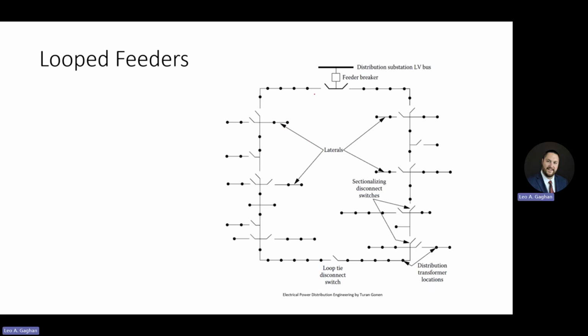So you can see here, it's got two paths. We got the normally open here, the loop disconnect switch. I've found that most of the time they are normally open, but they can be normally closed.